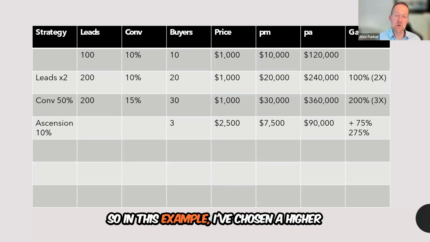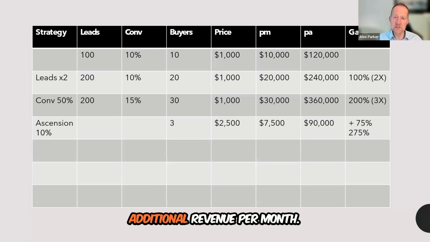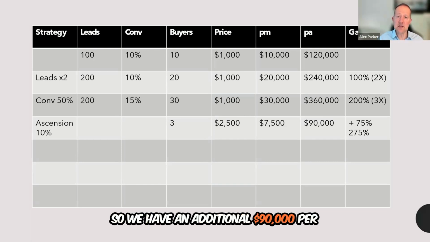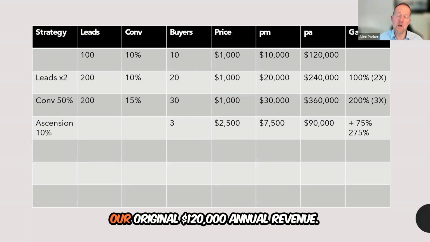So in this example, I've chosen a higher ticket offer from 1,000 to 2,500 a month. Those 3 buyers generate 7,500 additional revenue per month. So we have an additional $90,000 per year, which gives another 75% increase from our original $120,000 annual revenue.